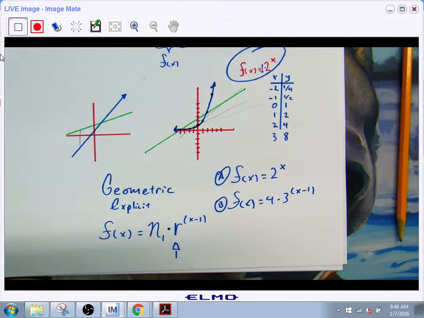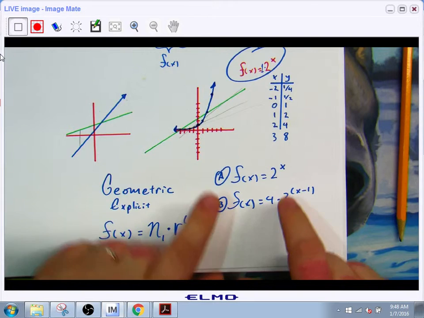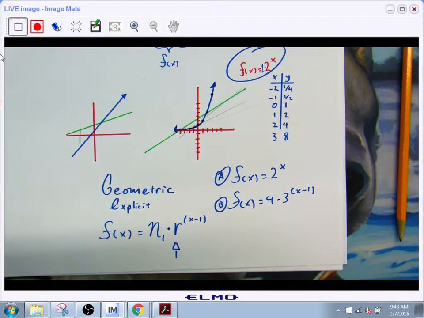It'd be equation B. Hallie, why did he say B? There's a very obvious clue as to why this, I know you know, that's why he told me. But there's a very obvious clue to why B is growing faster than A. We don't have to graph it to know it. We can look at it and see it.